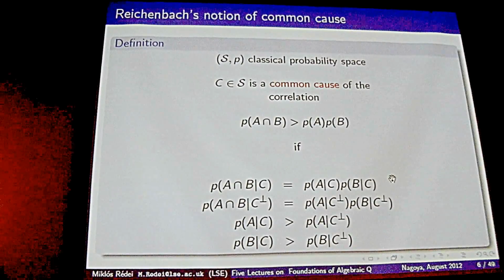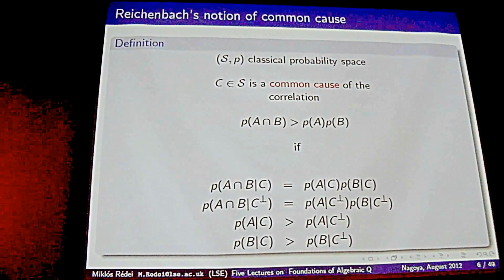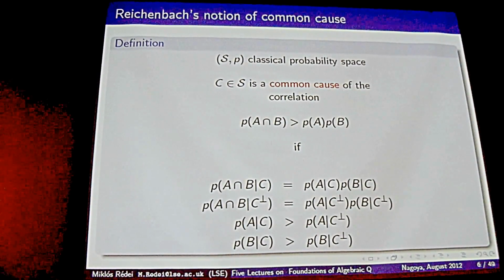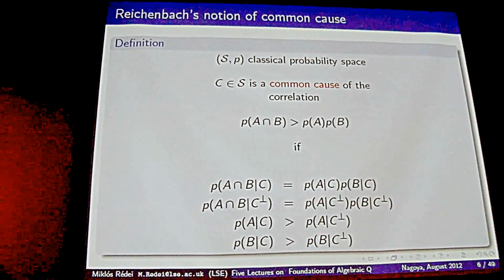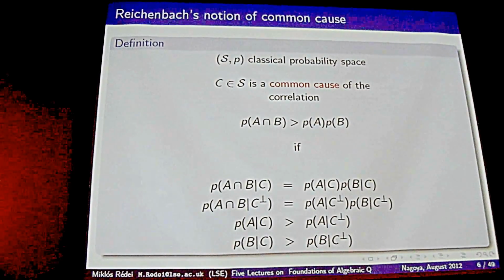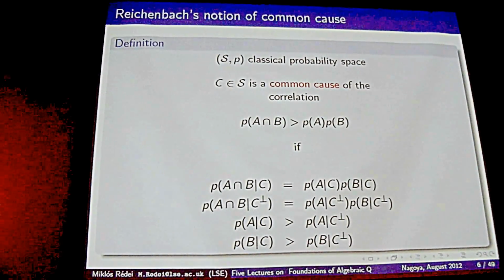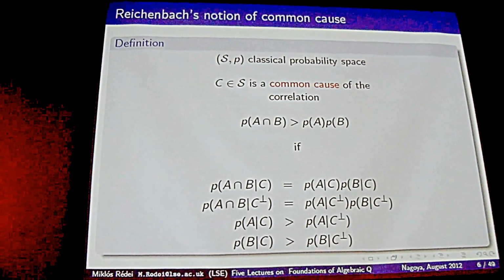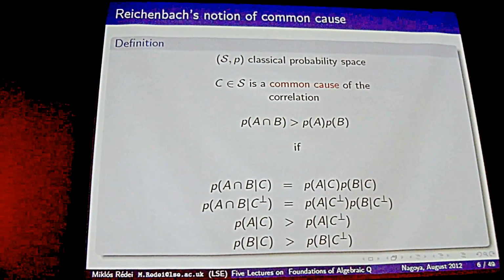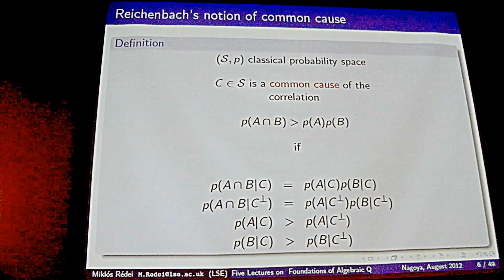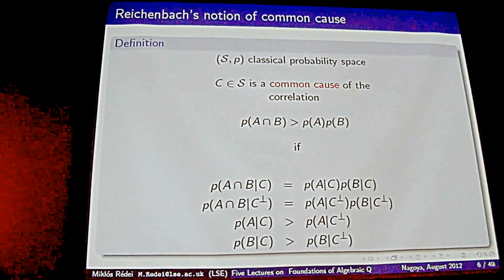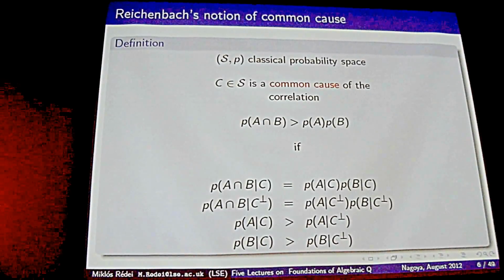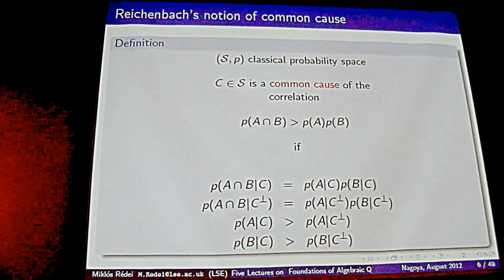I don't have time to give you examples, but if you have a look at Reichenbach's book, The Direction of Time, which was published in 1957 after he died, you find examples there which illustrate the reasonableness of that definition. So I just take it now, formally, that's the definition, a precise definition, and the question is then whether our theories are probabilistically complete in the sense of containing common causes of the correlations they predict. That's the issue.